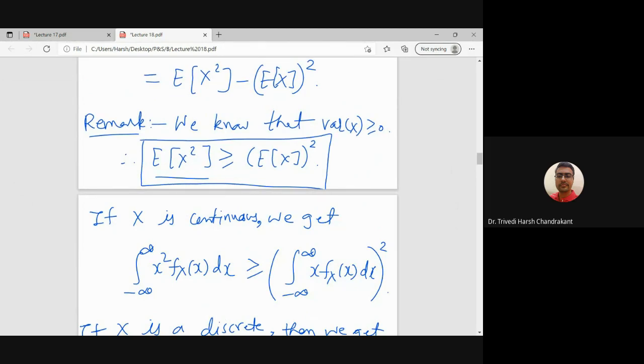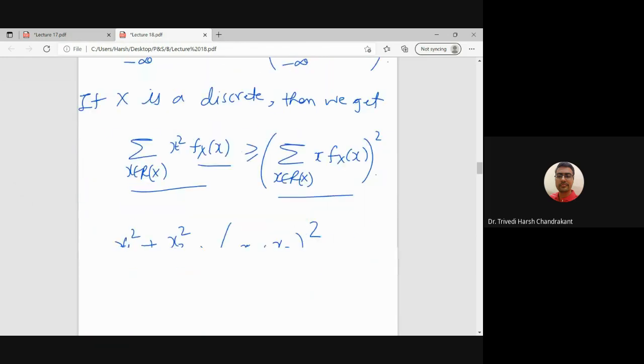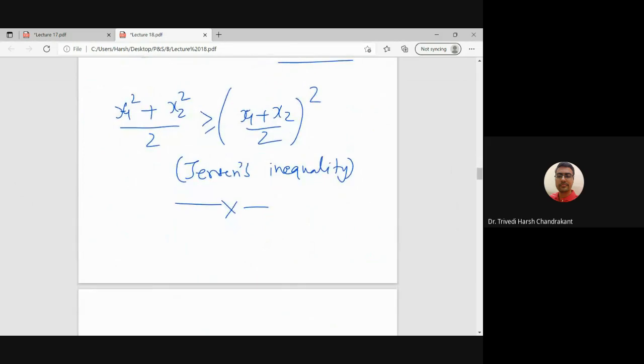So this is the first remark. The second remark is about integrability. Let us write that down also.